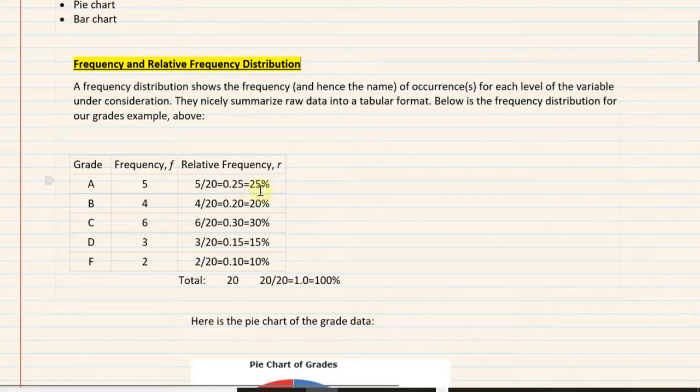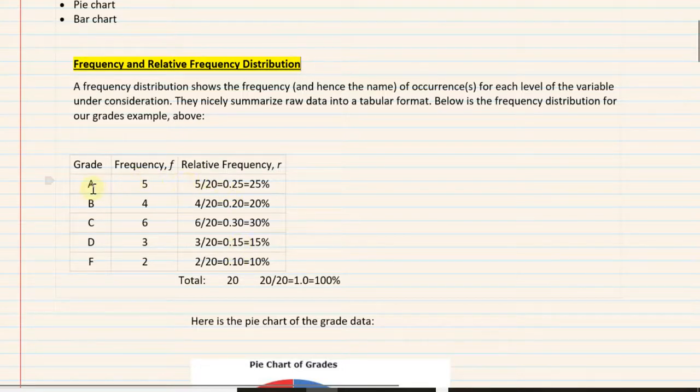So 25% of the scores were A's. 20% were B's. Note, by the way, as we go forward, we tend to stay with relative frequencies because these tie directly in with probabilities. It also makes sense to think in terms of percentages for most of the work that we do.